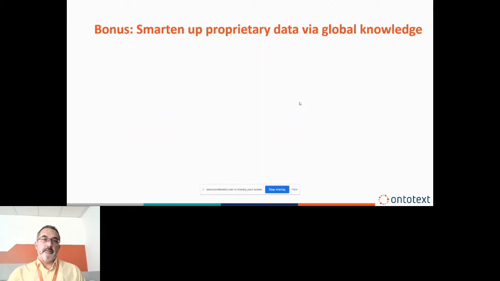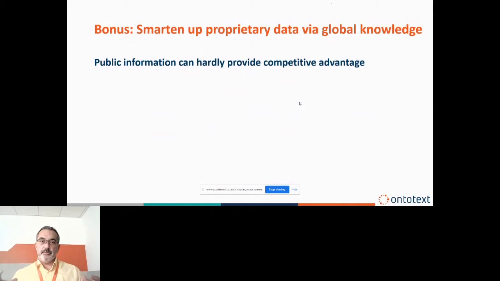So finally, there is one more thing that knowledge graphs can do for your data, and that's to marry and to improve your proprietary data using global knowledge. You can't just download DBpedia, Wikidata or GeoNames and take some competitive advantage, because that's what everyone can do.